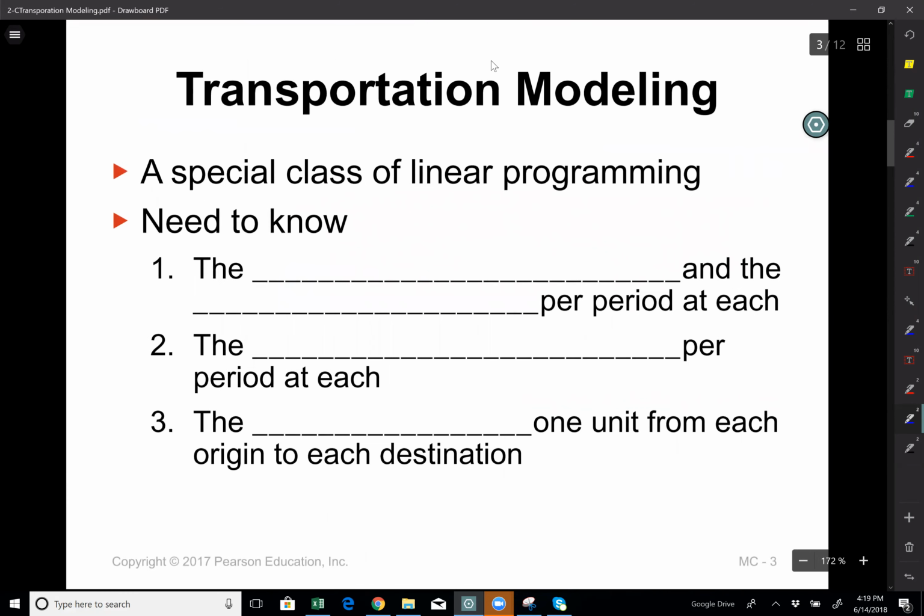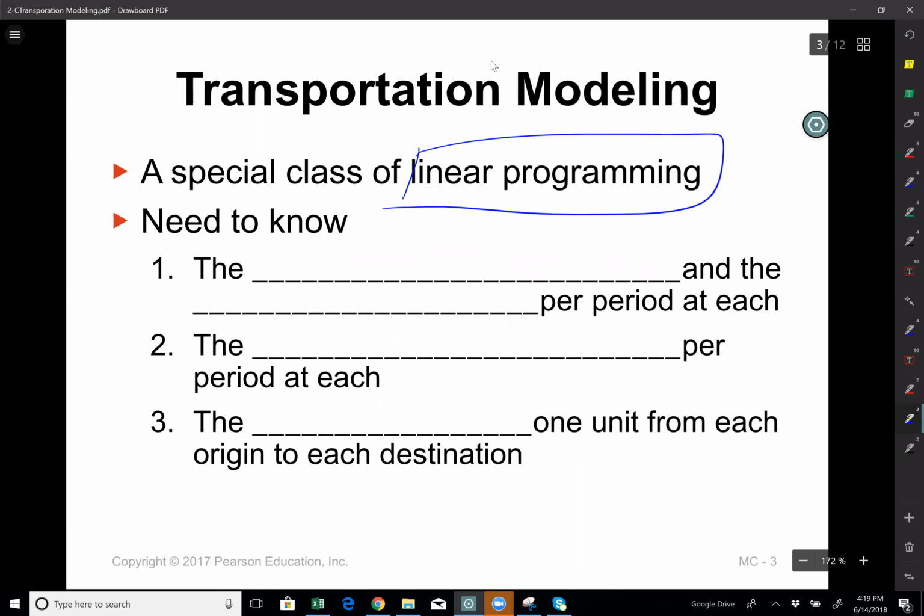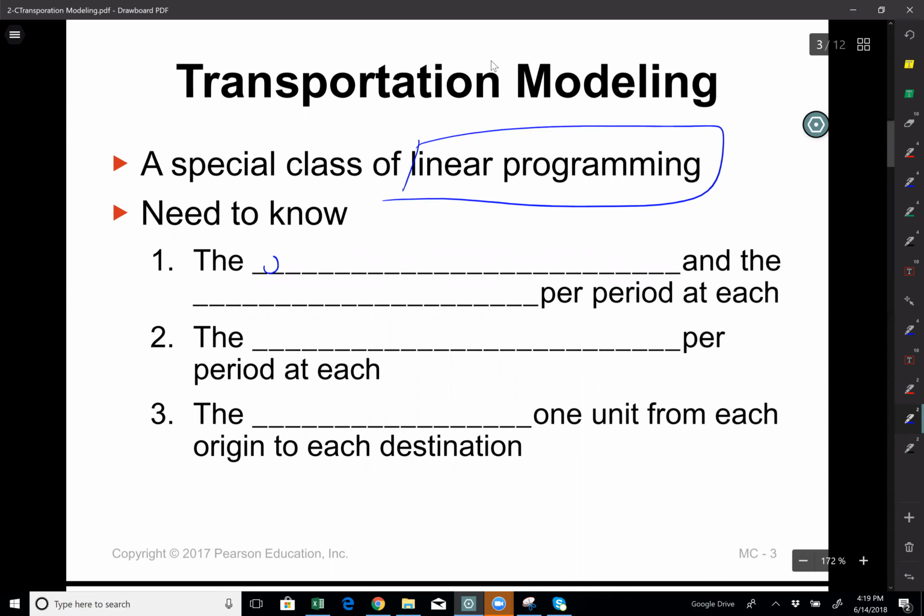Transportation modeling is a special class of linear programming. A linear program is called a linear program because the objective function and the constraints are linear. So in transportation modeling, we need to know the origin points, in other words, the sources, and the capacity or supply per period at each node.